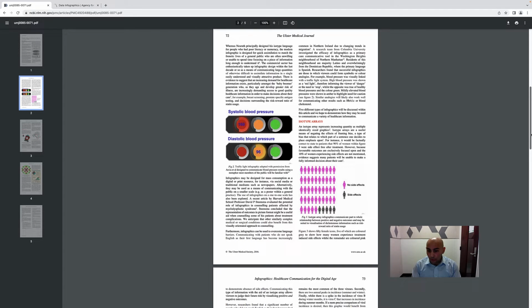Isotype array infographics communicate part-to-whole relationship between positive and negative outcomes and may be suited to visualize dichotomous information such as risk-reward ratio of statin use. Now, if you look at that ratio right there, you'll clearly see 1, 2, 3, 4 lines in which all have no side effect.